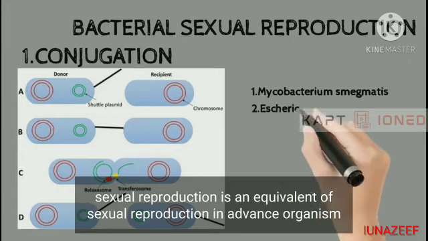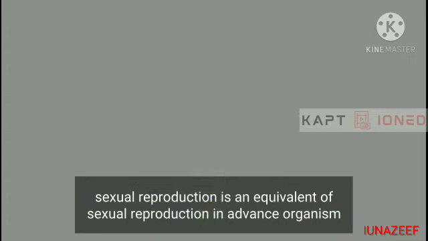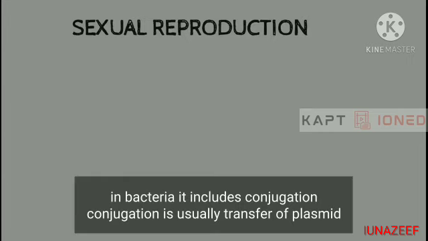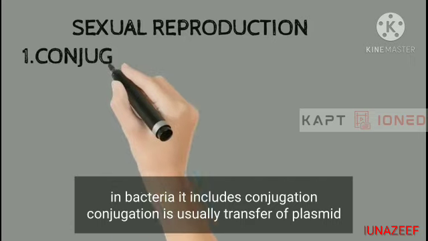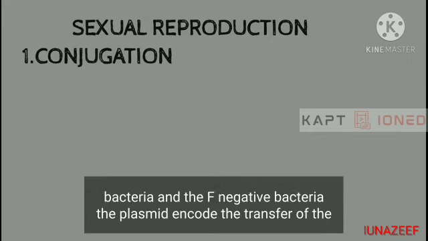Sexual reproduction in bacteria is the equivalent of sexual reproduction in advanced organisms. It includes conjugation. Conjugation is usually the transfer of plasmid and independent DNA from donor bacteria to the recipient bacteria. These are the F plus bacteria and the F negative bacteria.